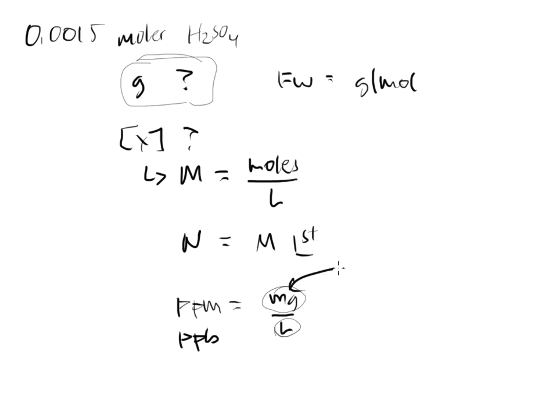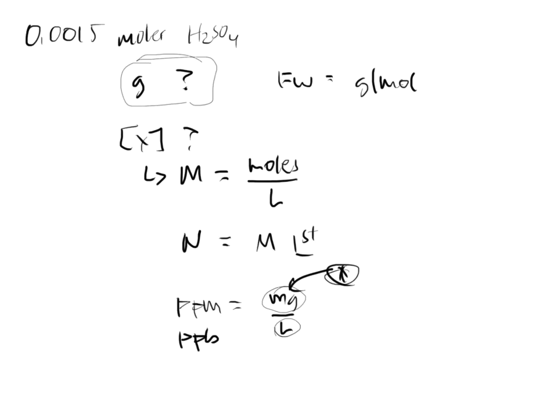With ppb, though, I want you to pay attention: it is not milligram per liter, it's microgram per liter most of the time. So any of these concentrations are fair game. It does not have to be molarity in titrations every single time. It doesn't have to be normality every single time. They can ask for these concentrations any way that they see fit. So again, it's all about realizing what those units are supposed to represent.